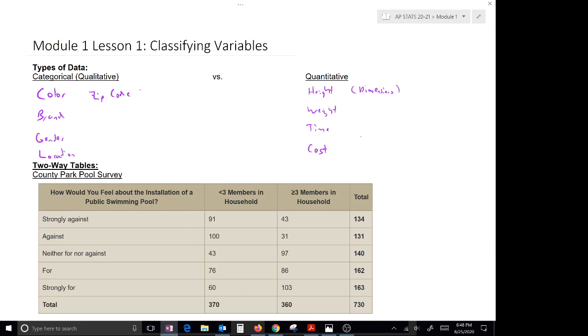You can think of a zip code as a numerical name. It's a set of numbers, but all it is is a representation of a certain geographical area. And higher or lower zip code numbers don't associate with anything.